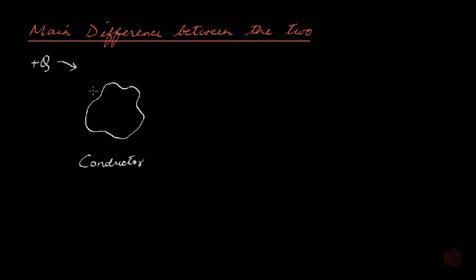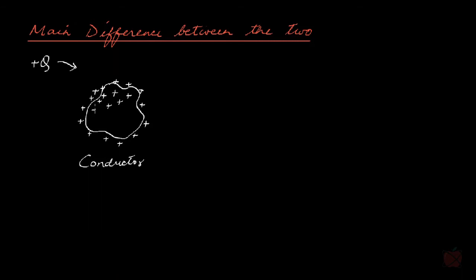As soon as the positive charges touch the conductor, what will happen? These positive charges will go and distribute themselves uniformly on the surface of the conductor. It's like they are in motion, they are able to move. On the surface, it doesn't go inside.